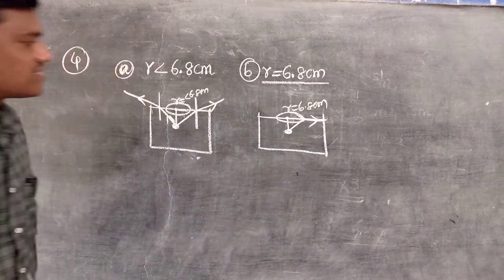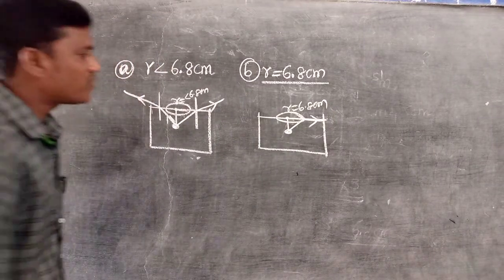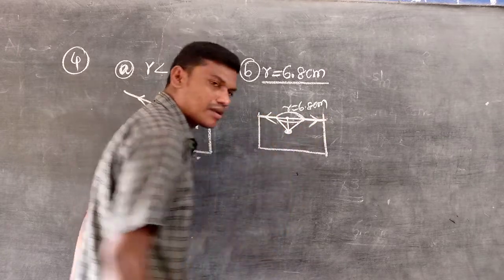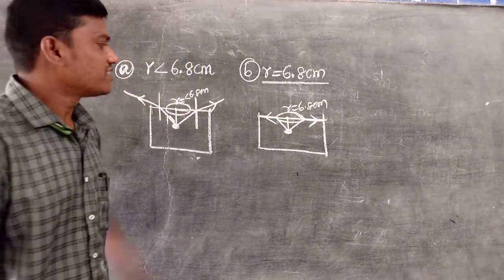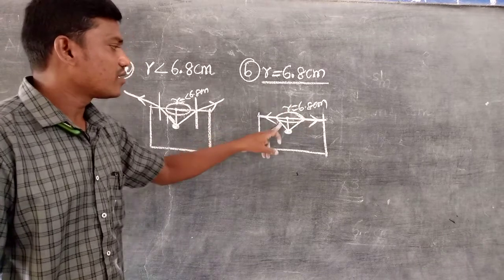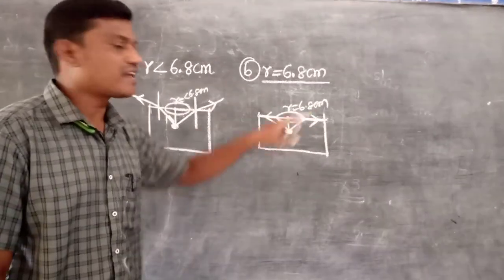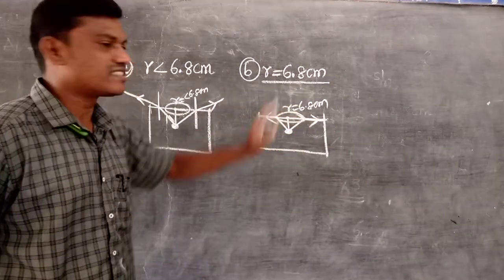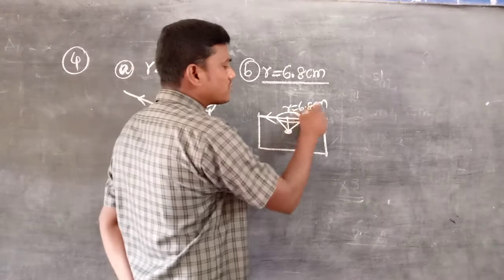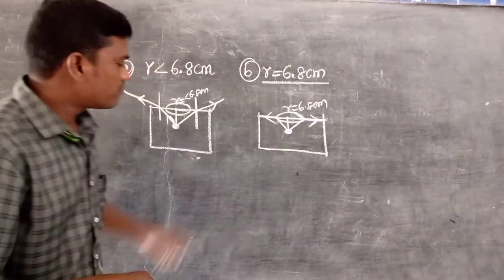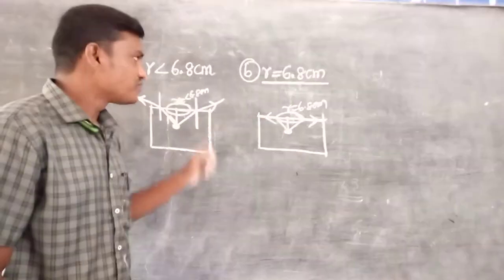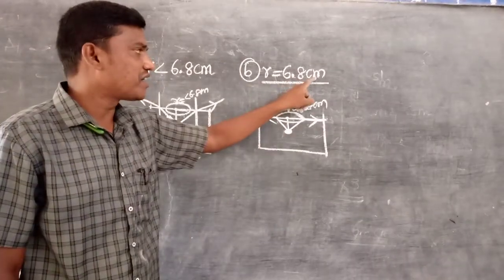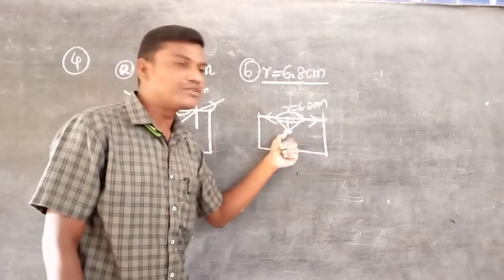When R is equal to 6.8, mostly the light is obstructed by R. Mostly the light will not enter into the denser medium. Listen very carefully. If R is equal to 6.8, mathematically I will prove that when the radius of the thermocol sheet is 6.8 centimeter, at that time we are not able to see the head of the pin.